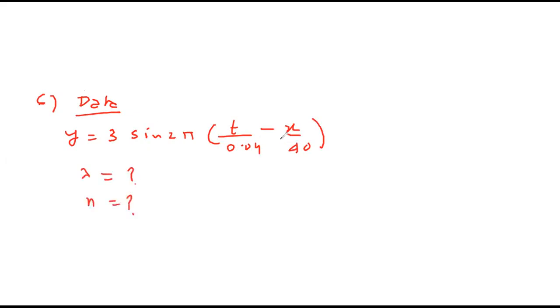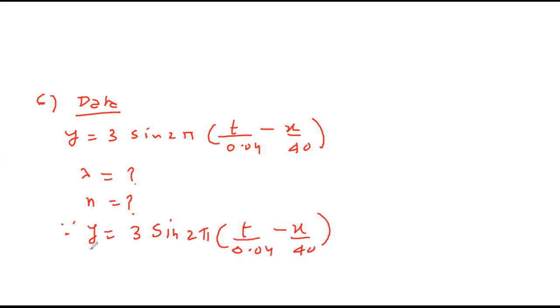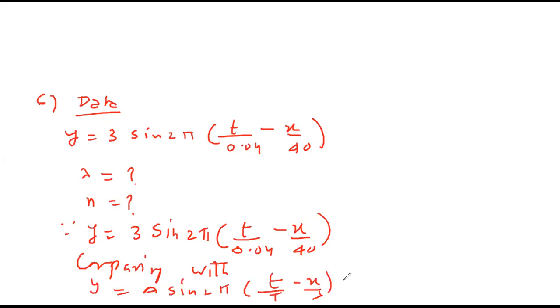So whenever equation is given, you can compare it with standard form. Since y equals 3 sine 2 pi (t upon 0.04 minus x upon 40), comparing with y equals a sine 2 pi (t by T minus x upon lambda), we get a equals 3.